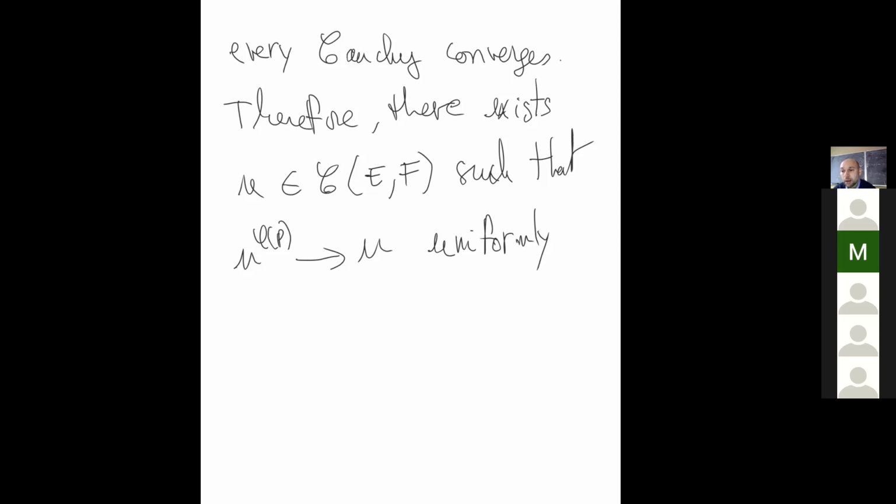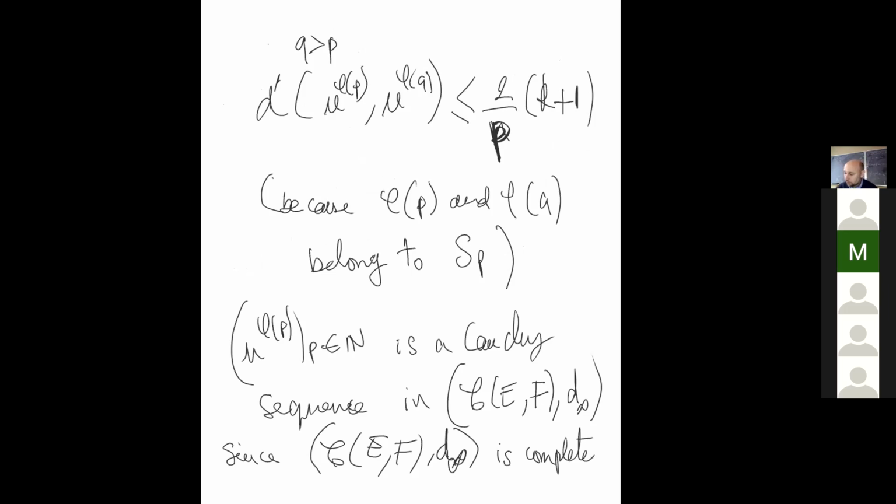Okay. Sir, can you show me the previous slide, please? Sure. So we said that U of phi p is a Cauchy sequence because it verifies the inequality above.